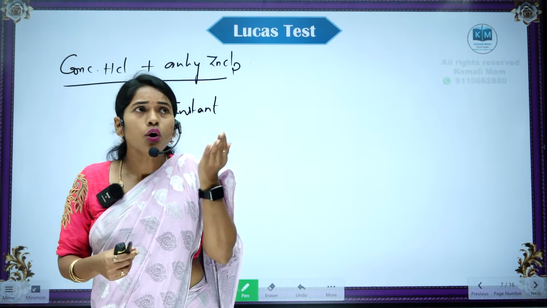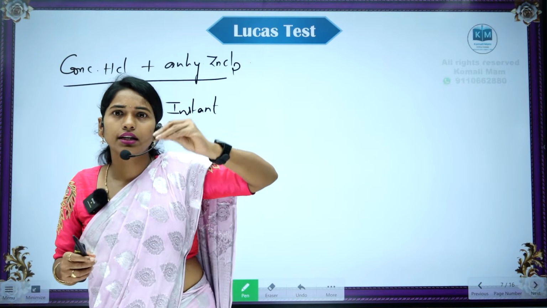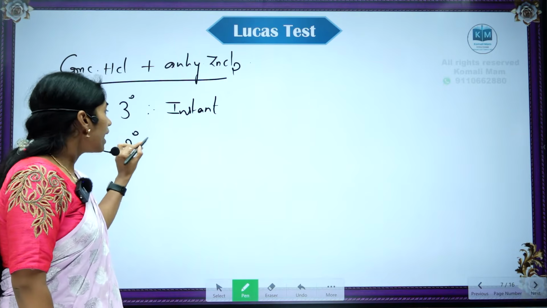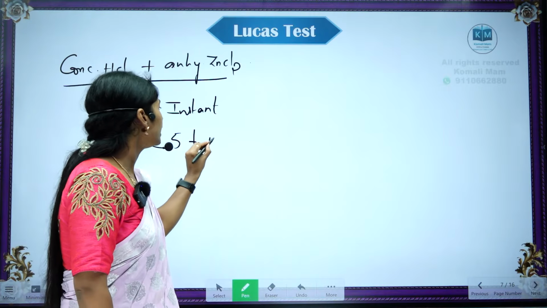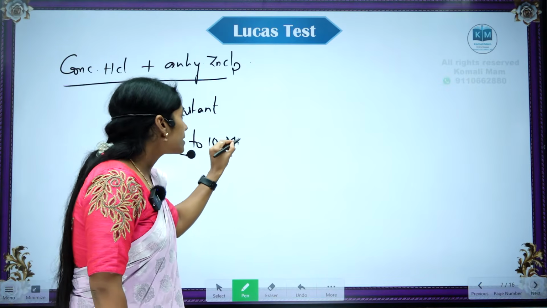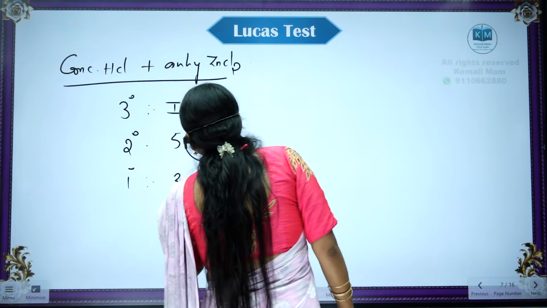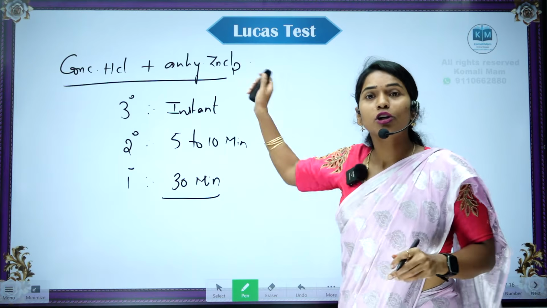Turbidity in the sense, you will observe some substance floating in the test tube instantly. If it is a secondary alcohol, you get the turbidity within 5 to 10 minutes. If it is a primary alcohol, you will get turbidity after around 30 minutes. Okay, this is about Lucas.